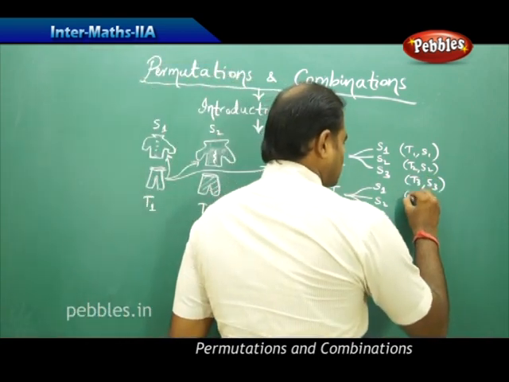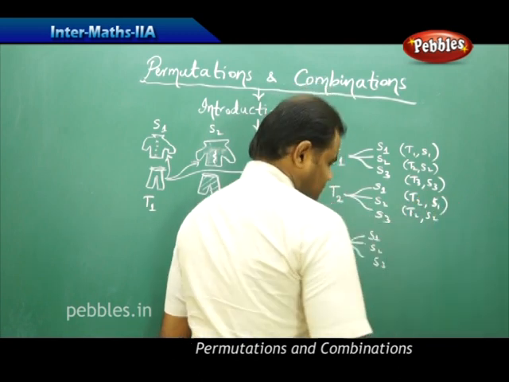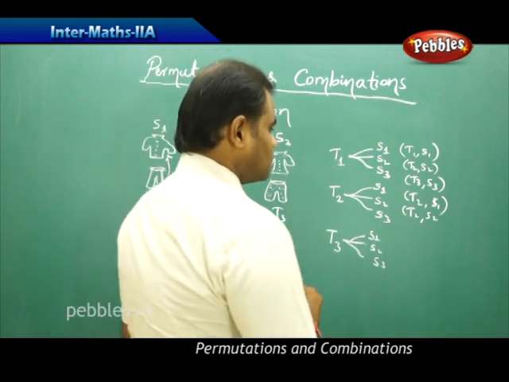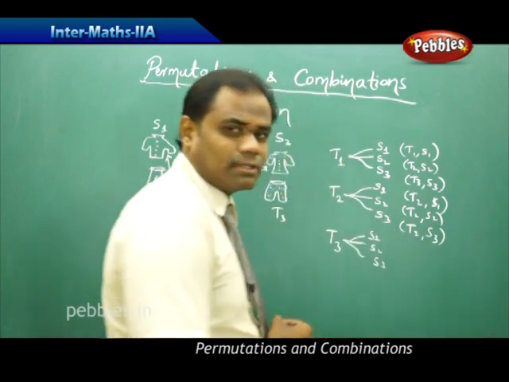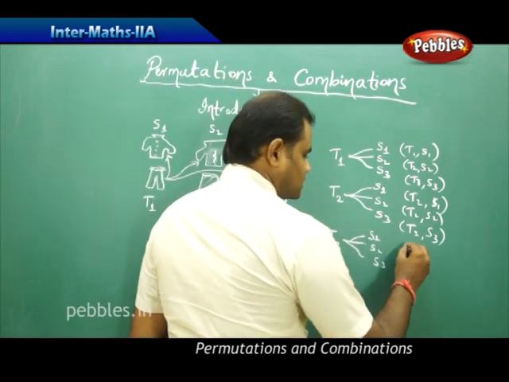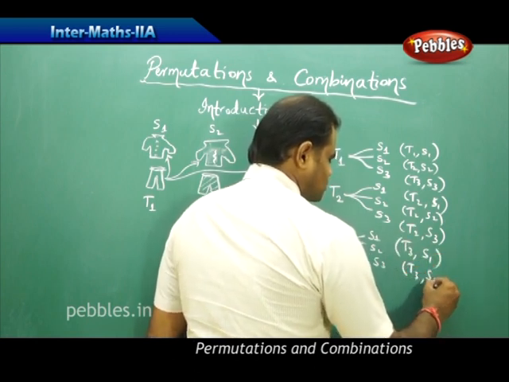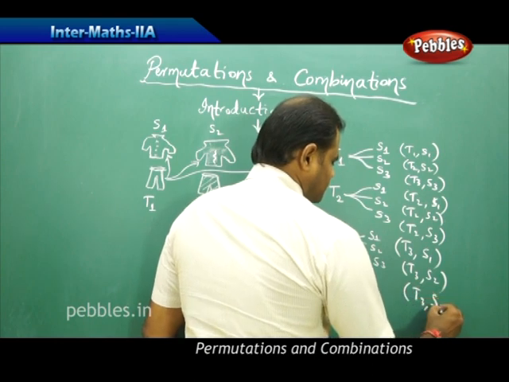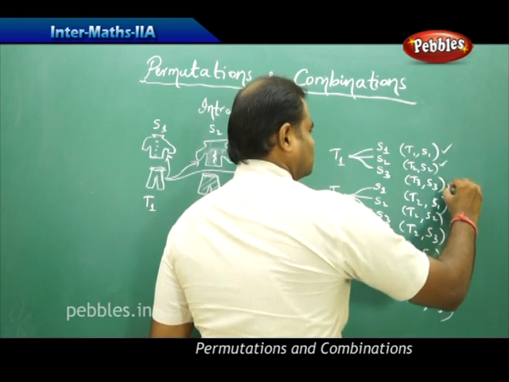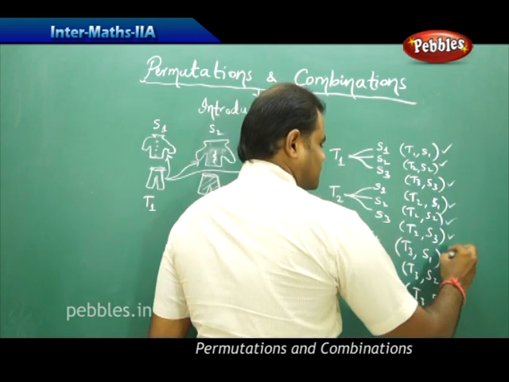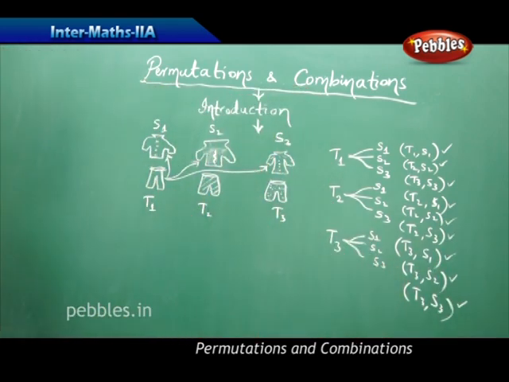Then T2 S1 is another possibility, and T2 S2 is the fifth possibility, and T2 S3 is the 6th possibility, and my 7th possibility is wearing trouser 3 with shirt 1, then T3 with S2 and T3 with S3, with which I understand that there are 1, 2, 3, 4, 5, 6, 7, 8, 9. So there are totally 9 possible ways.